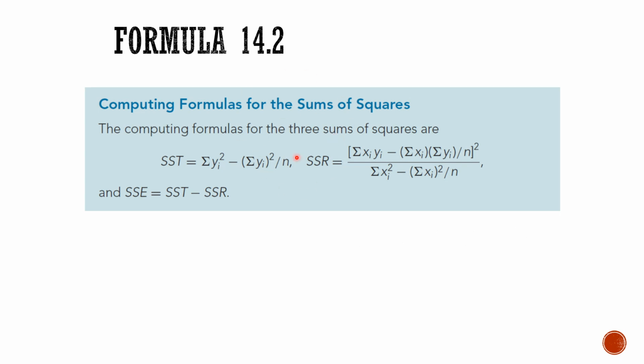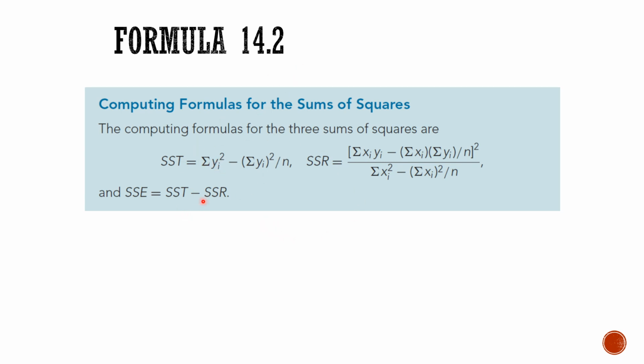Now, before wrapping up this section, let's work on one problem using the computing formula to find the r squared value, the coefficient of determination. So here are the formulas.